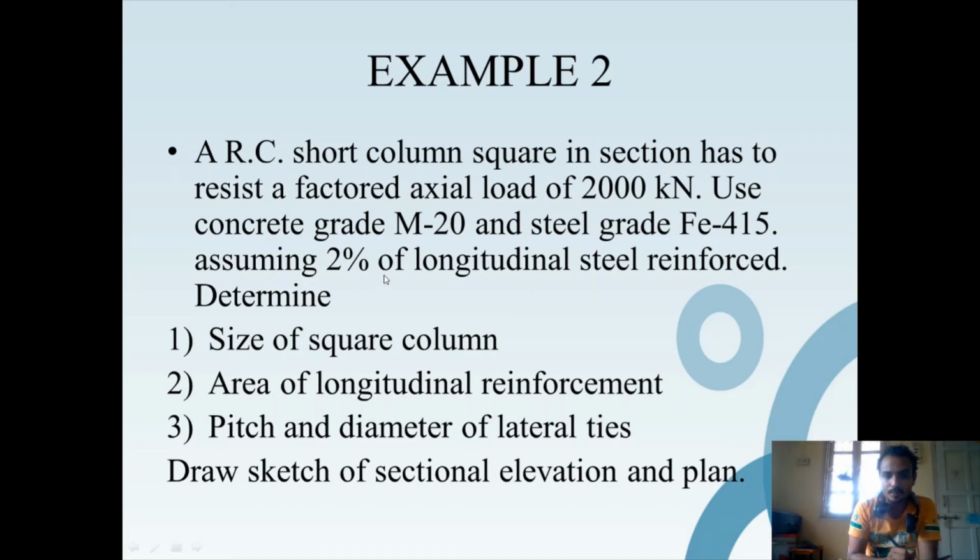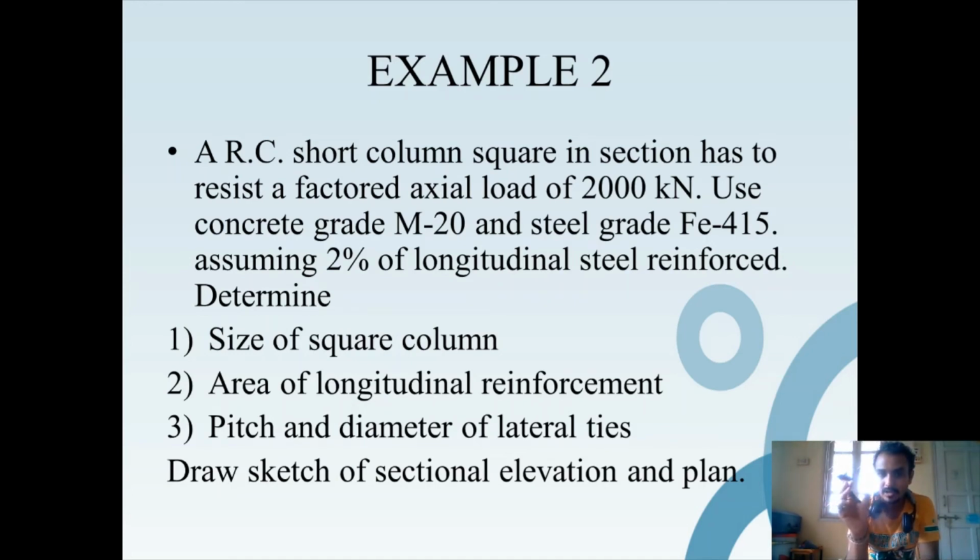Assume 2% longitudinal steel reinforcement. Means in this example we are going to design a column. In this case we have an axial load of 2000 kilonewton, means Pu is given, concrete grade fck 20, steel grade Fe415.